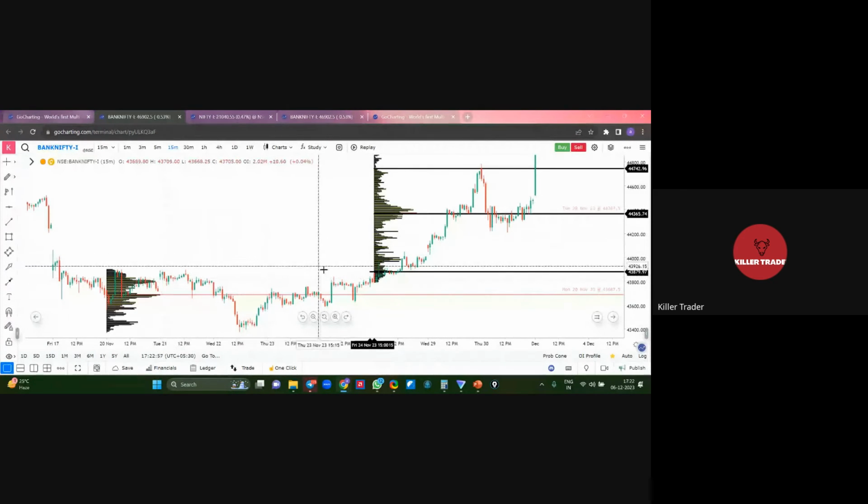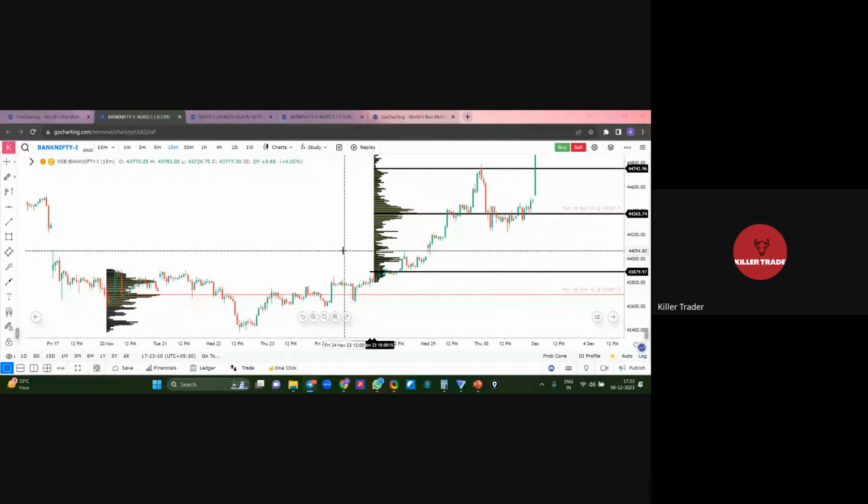Now, if you see an up move from there, there is a good possibility that the markets can continue to move up from here. Clear? It doesn't mean the markets will definitely move up. There is a higher possibility that the markets will continue to move up from here.